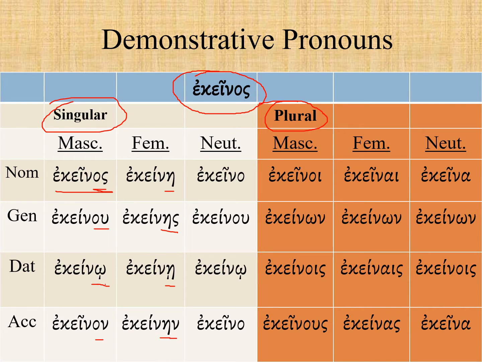Here we don't even have the switch between nominative and genitive as we had in houtos. Ekeinos in neuter is ekeino, genitive ekeinou, ekeinō, and ekeino. You can explore how a similar pattern follows in the plural as well.